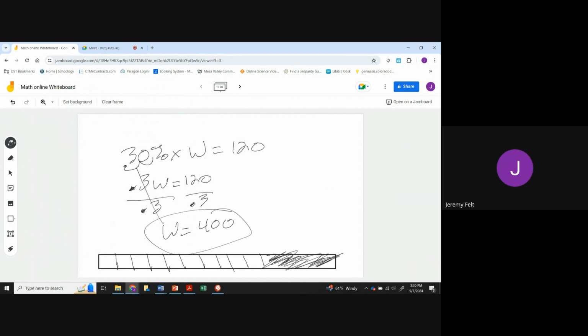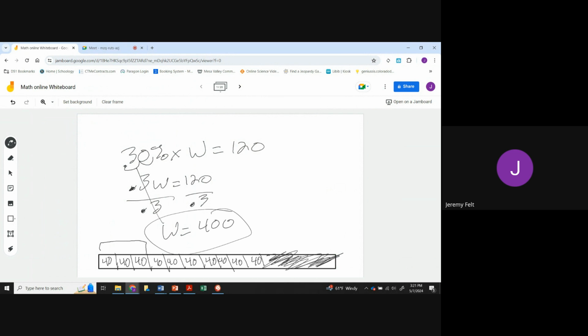It doesn't look that good, but in 30%, so 3 of the tenths were 120. So that means we're dividing 120 into these three groups. There's 40 in each. We fill in 40. For all of them, well, there's 1, 2, 3, 4, 5, 6, 7, 8, 9, 10 of 40. 10 times 40 is 400.